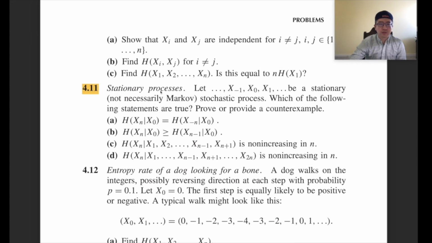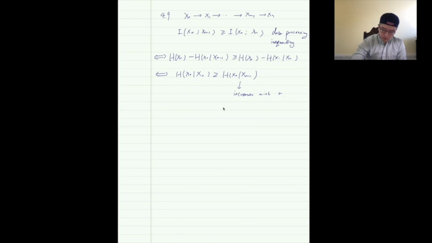All right, so let's see our next question. Our next question is 4.11. In this question, we know that the sequence of x is a stationary process, but may not be a Markov chain. Now we want to determine which of the following inequalities are true or not, right? So let's get started with the first one, 4.11a.